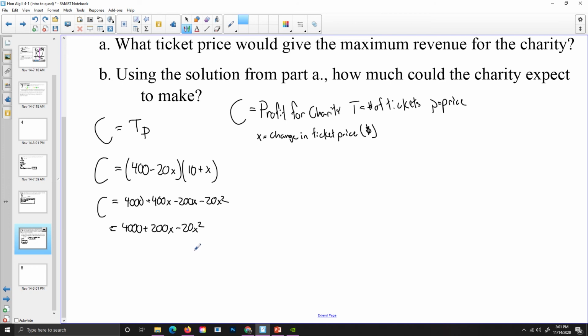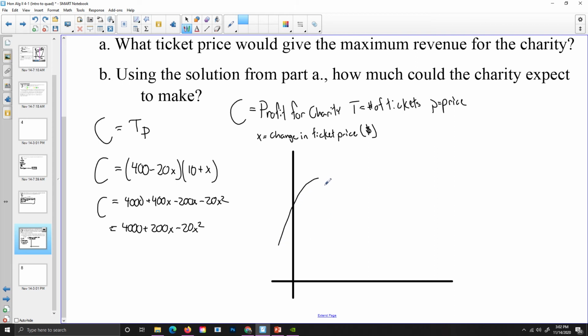We know something about the graph of this particular function. We know that it is a parabola because of the x squared term. We know that it has a y-intercept of 4,000 because of the constant. And we know that because the a value, the value in front of the x squared, is negative, it opens down.